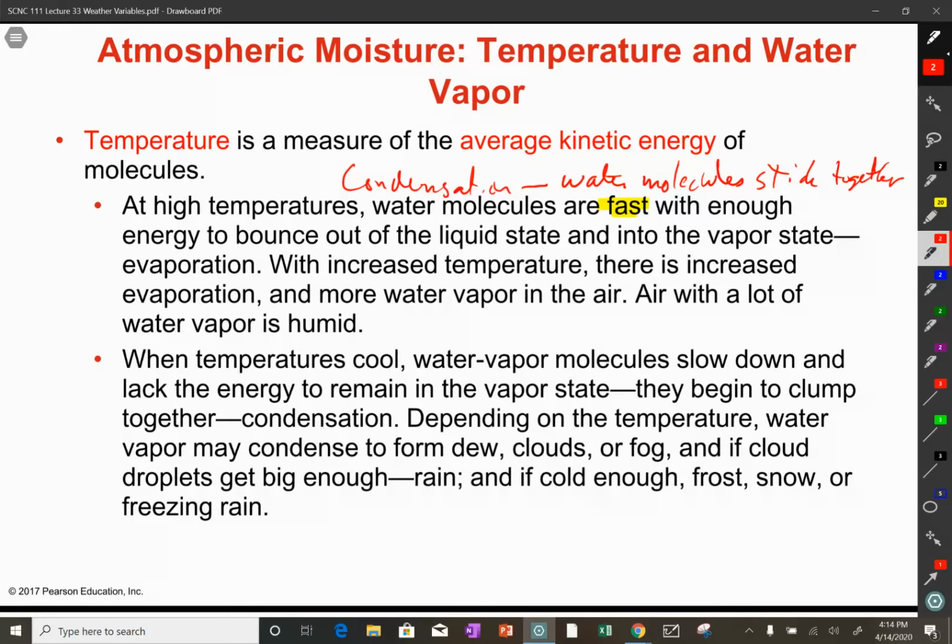When evaporation occurs, I said that backward. When condensation occurs, let's just cover that later. I said it backward. I don't want to have to think about it too hard here. So condensation, when they clump together, evaporation, when they stay apart.